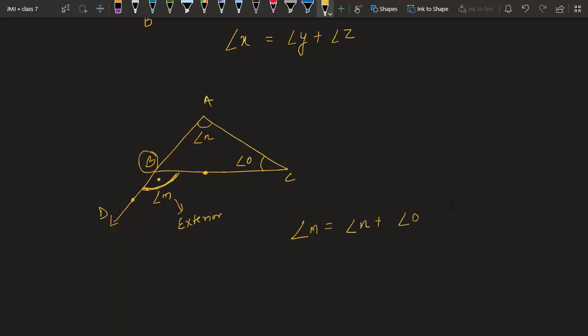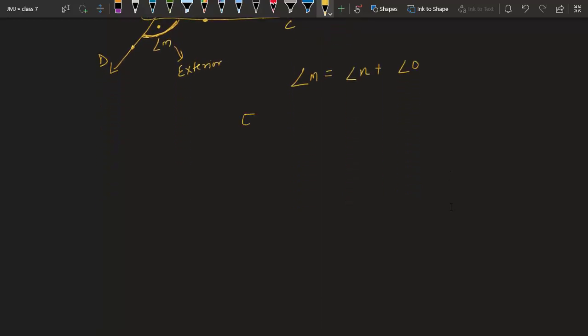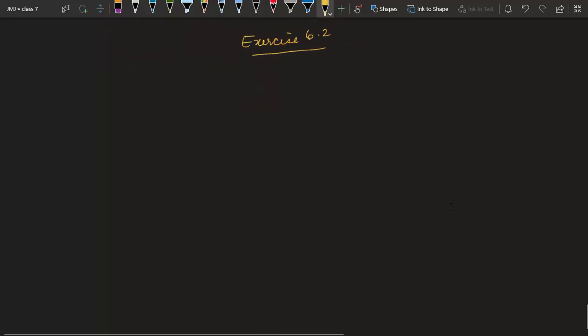Okay, now let us see exercise 6.2. Question 1. We have to find the value of unknown exterior angle x.